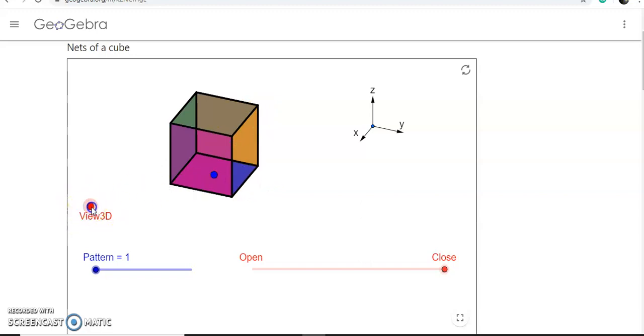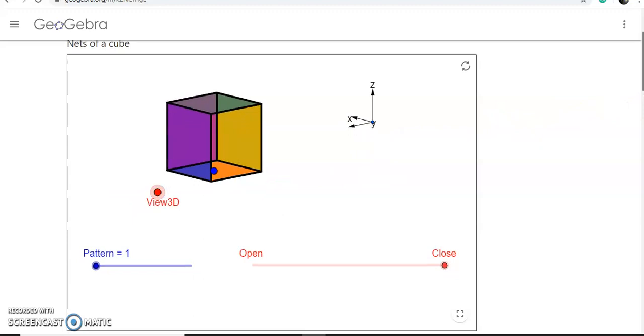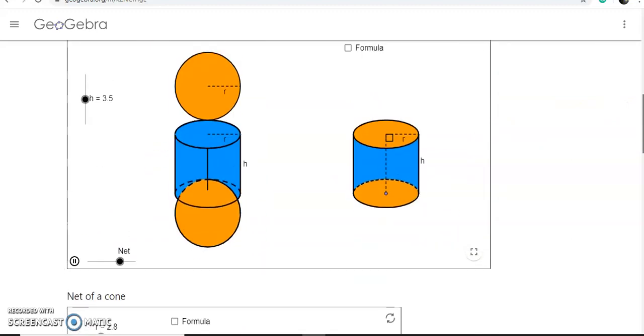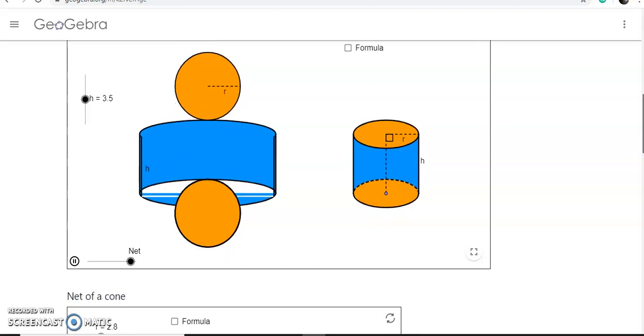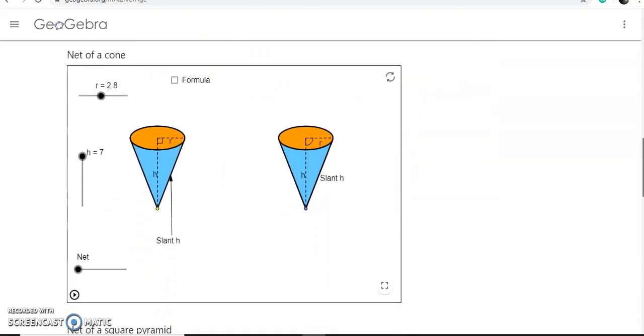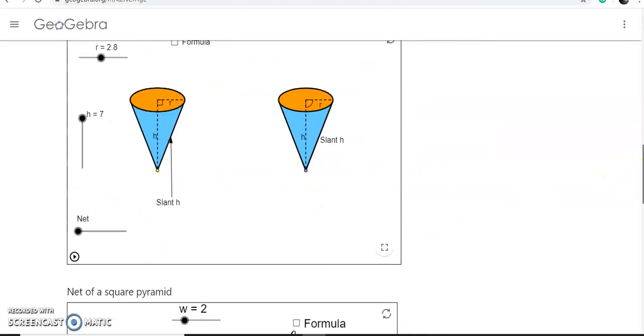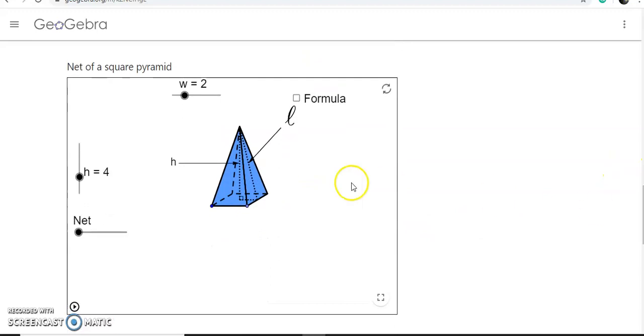Now, there are several figures besides the cube, like the cylinder, which has a net. It doesn't have a vertex. We have one vertex in the cone, by the way. In the pyramid, it depends on what kind of pyramid we have, but this one has 5 faces: four sides and the base.